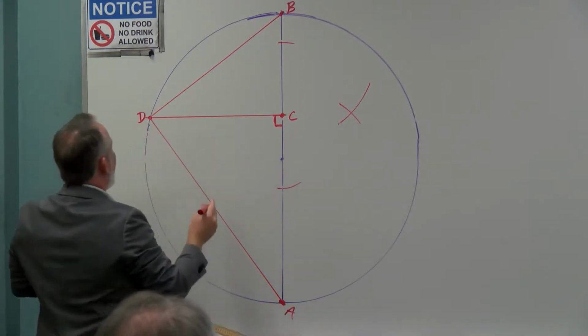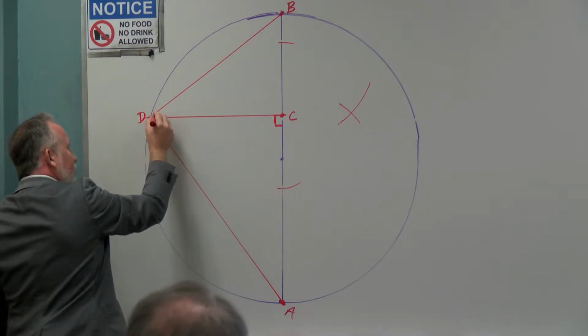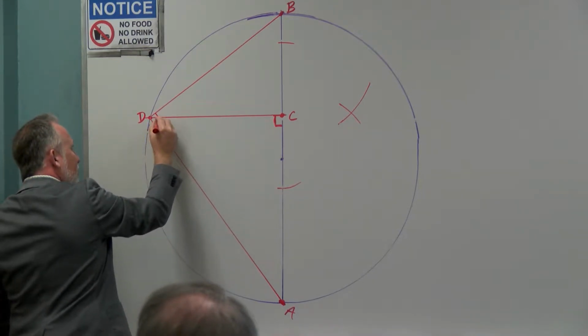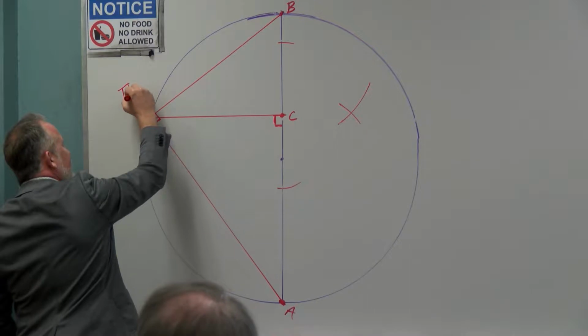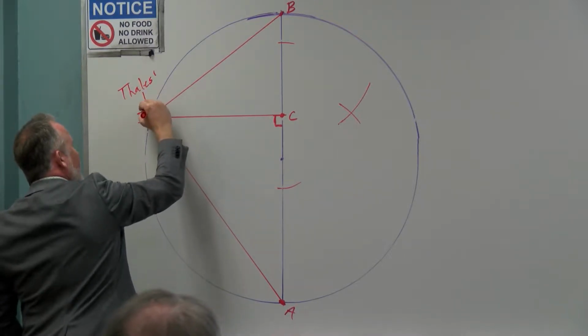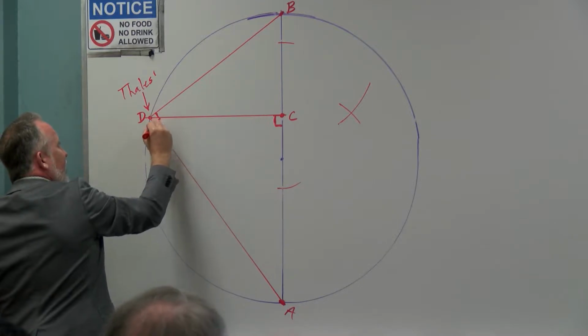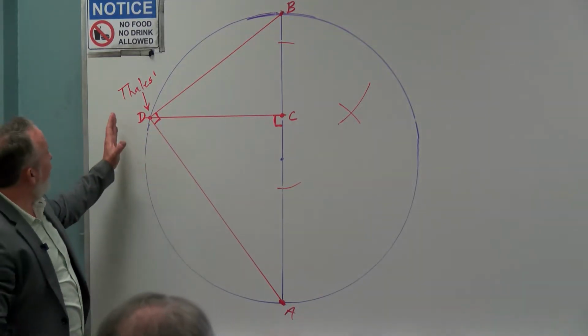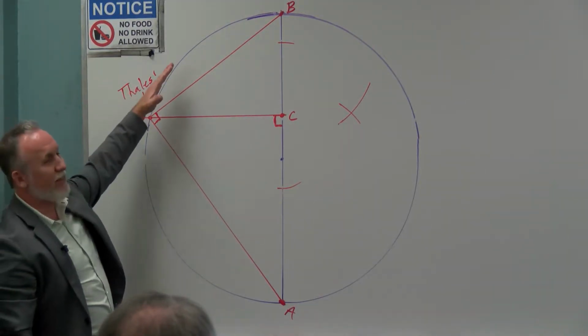All right, and by Thales' theorem, this is a right angle. That is a right angle by Thales' theorem. That's why I did the circle.